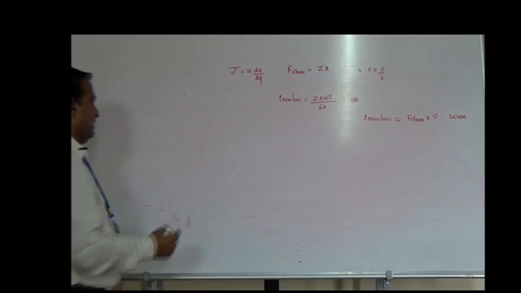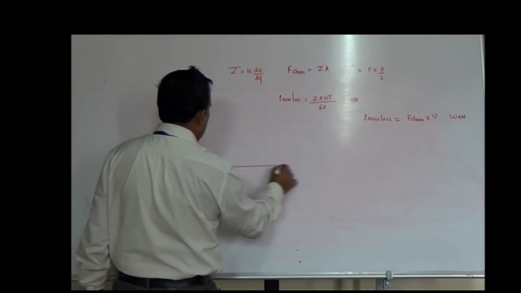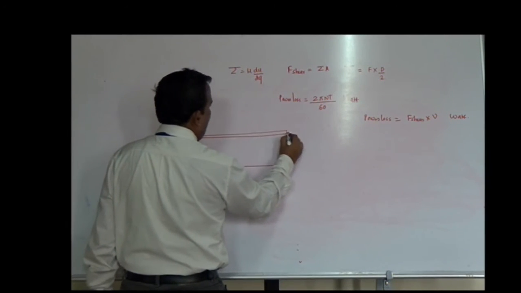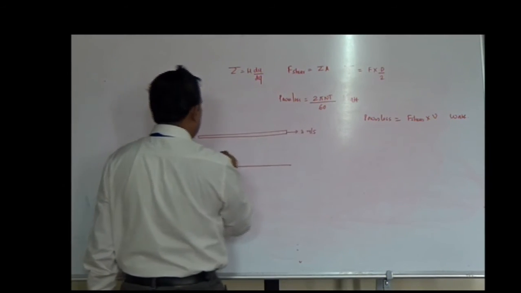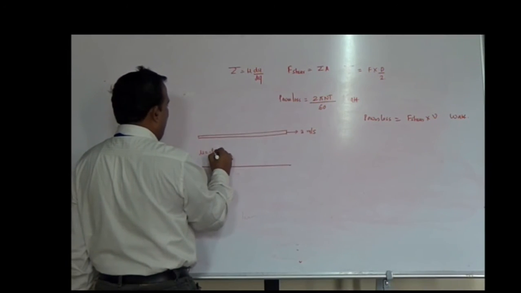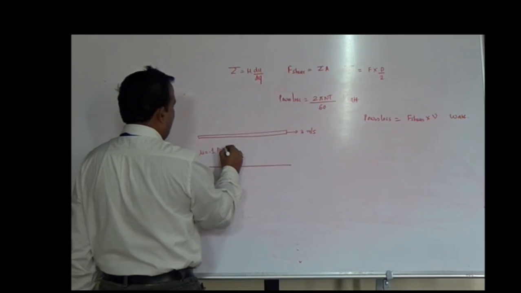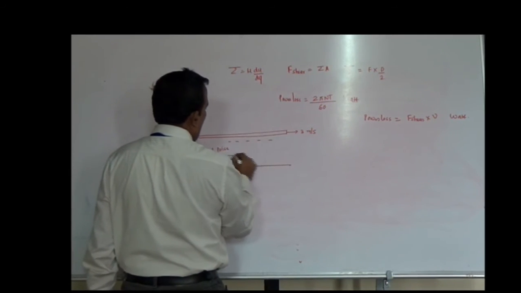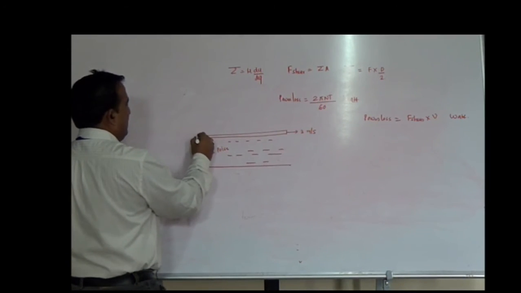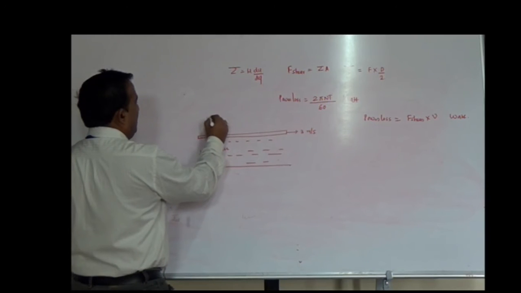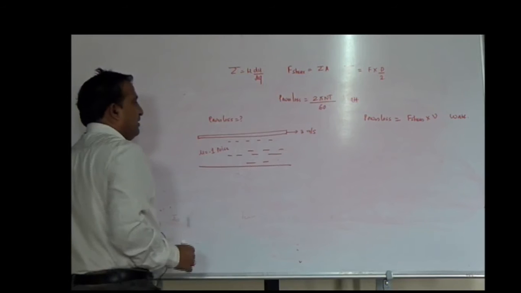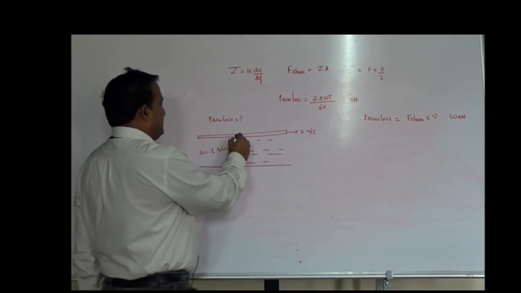For example, suppose there is a plate moving at 3 meter per second, and mu is 0.1 poise. To find how much shear force is required, or the power loss, first of all you draw a velocity profile.